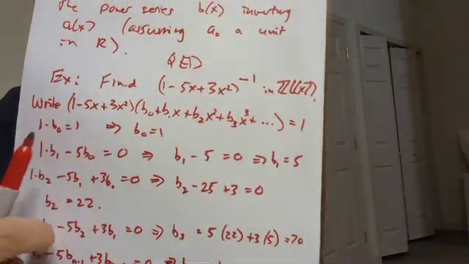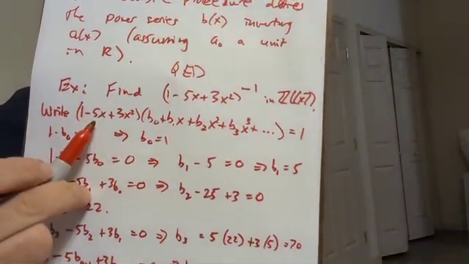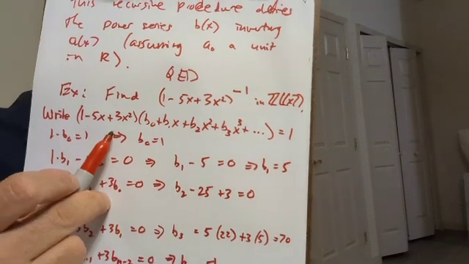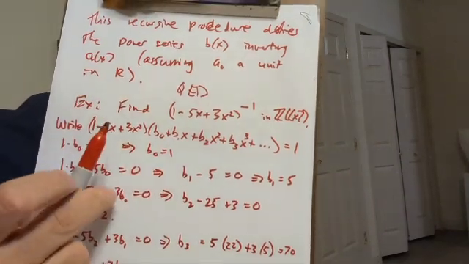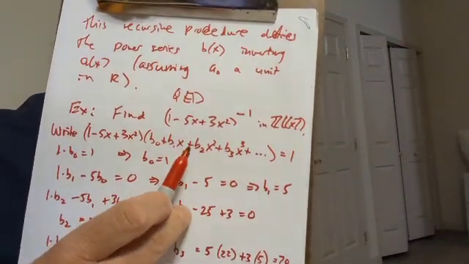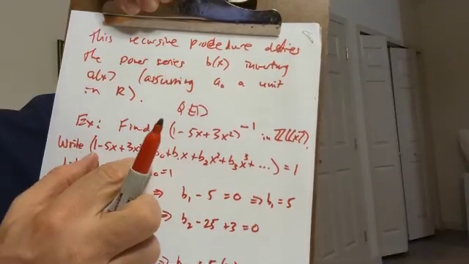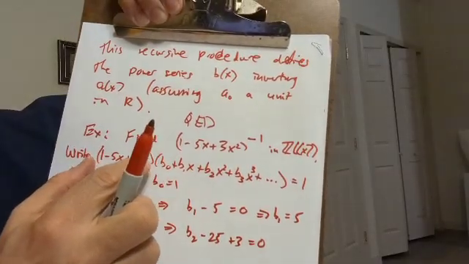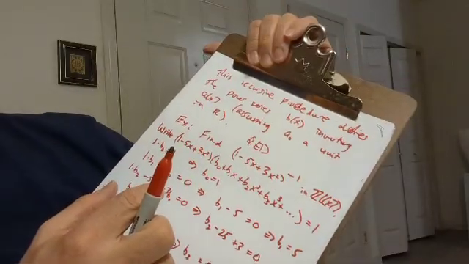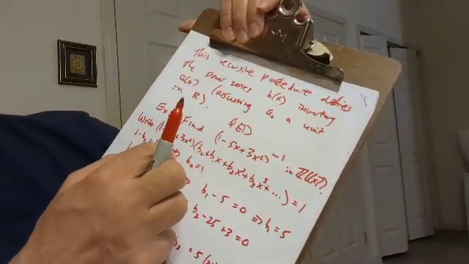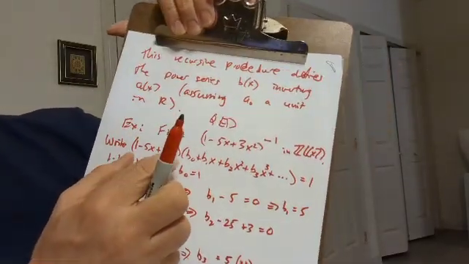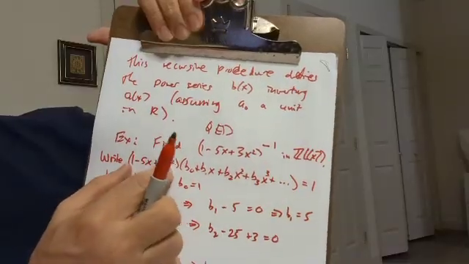Now in general, if we are inverting a polynomial in the ring of power series, we're going to get a recursive formula for the coefficients of the inverse. And if the polynomial has degree n, then let's see, degree n means that there's n plus 1 terms here.